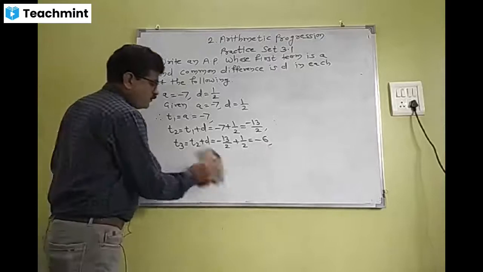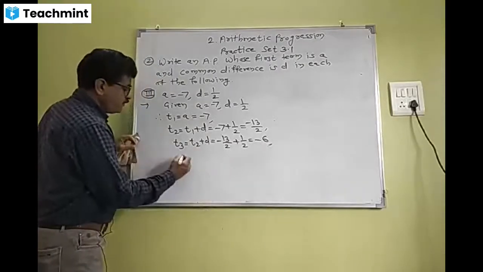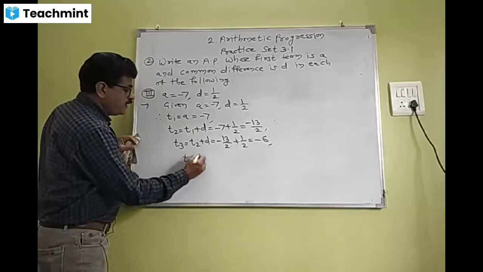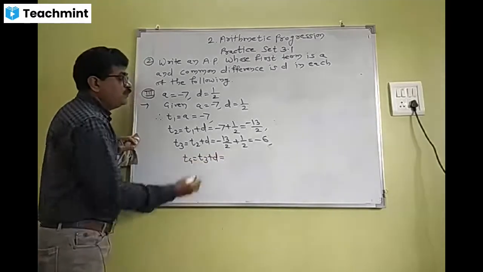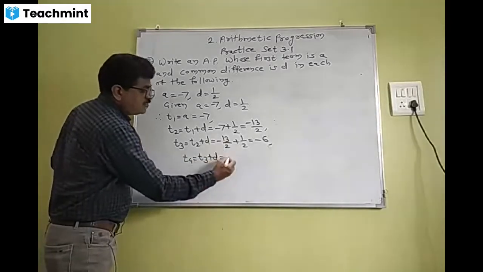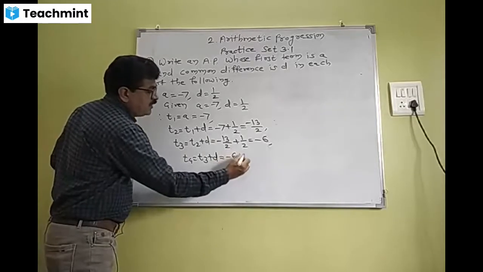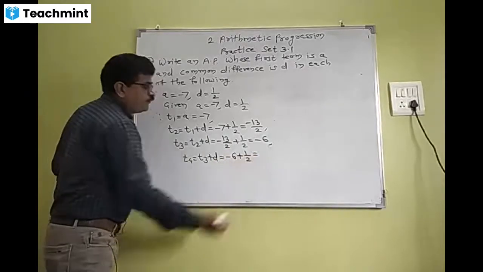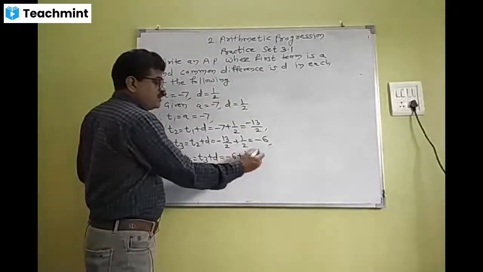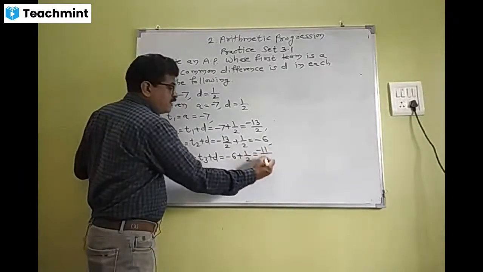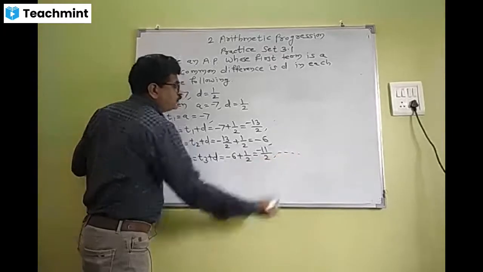Write down one more. T4 is equal to T3 plus D is equal to, value of T3 is minus 6 plus D is 1 upon 2 is equal to, now here minus 12 plus 1, minus 11 upon 2 and so on.